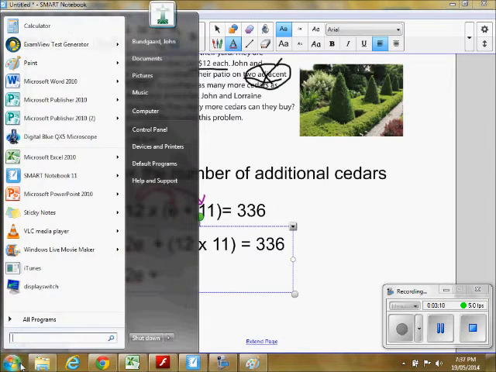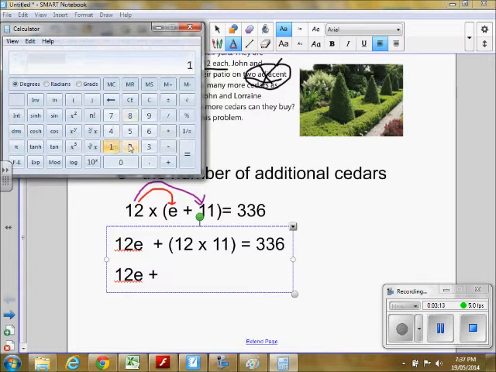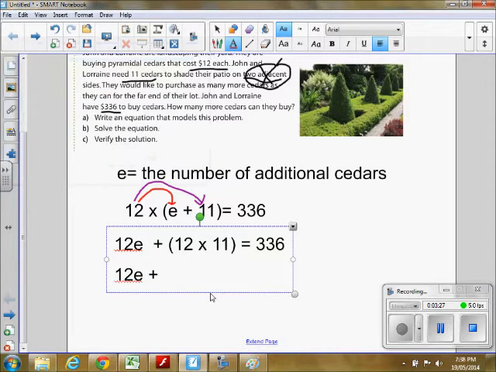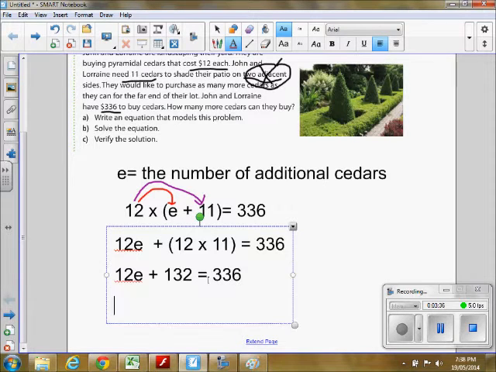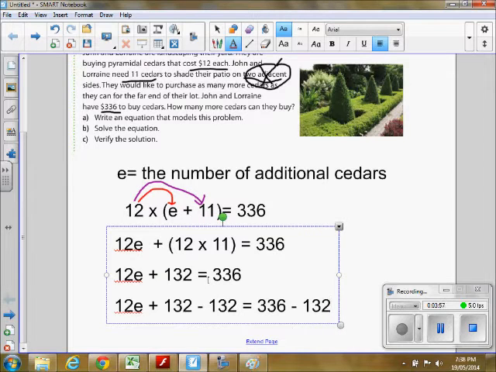Next step is 12E plus 12 times 11. Take our handy dandy calculator out. So 12 times 11 equals 132. 12E plus 132 equals 336. Now we want to isolate the 12E, so we subtract the 132 from both sides. 336 minus 132.